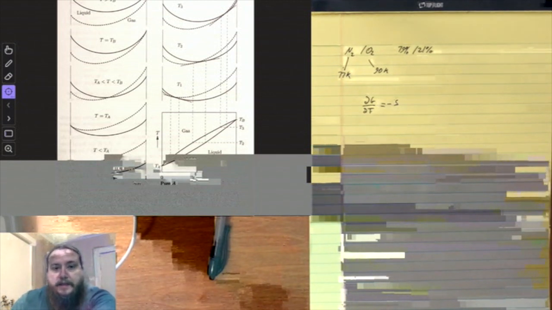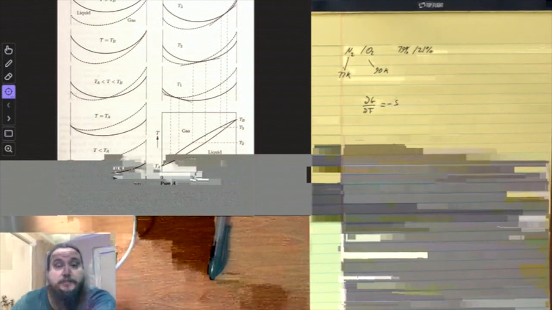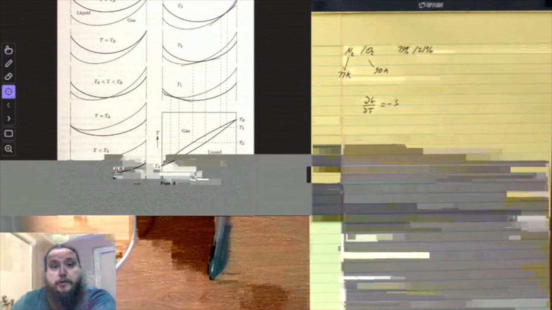And so eventually you get to a temperature where, for pure B, the gas and the liquid phase have the same Gibbs free energy. And this is where the phase transition would occur in a pure substance.